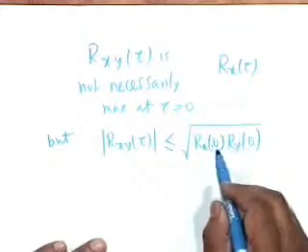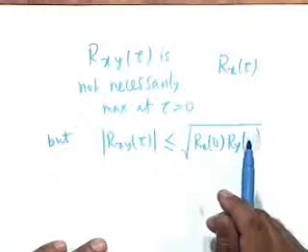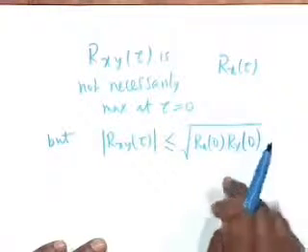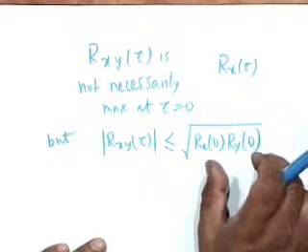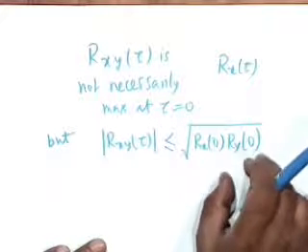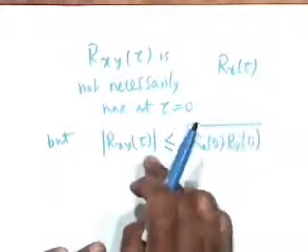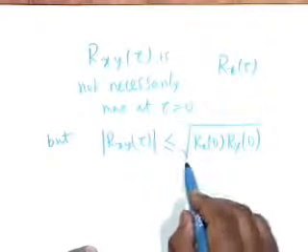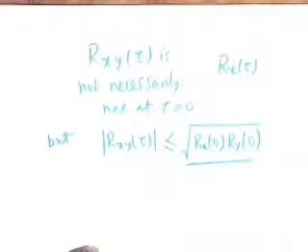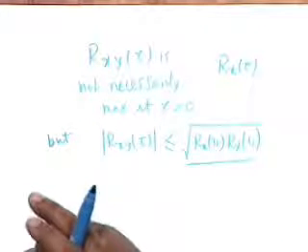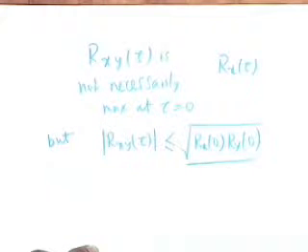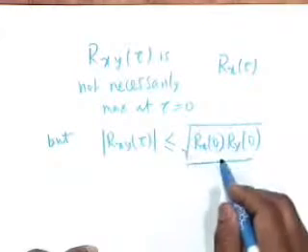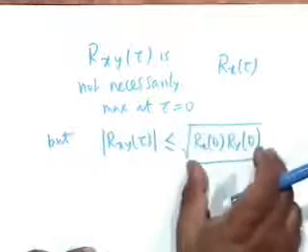That is, if you take the mean squared value of the individual processes, multiply them out, and take the square root, then this is greater than or equal to this. Obviously this is the maximum value, but the maximum value does not necessarily occur at tau equal to 0. Rxy of tau is always less than this.